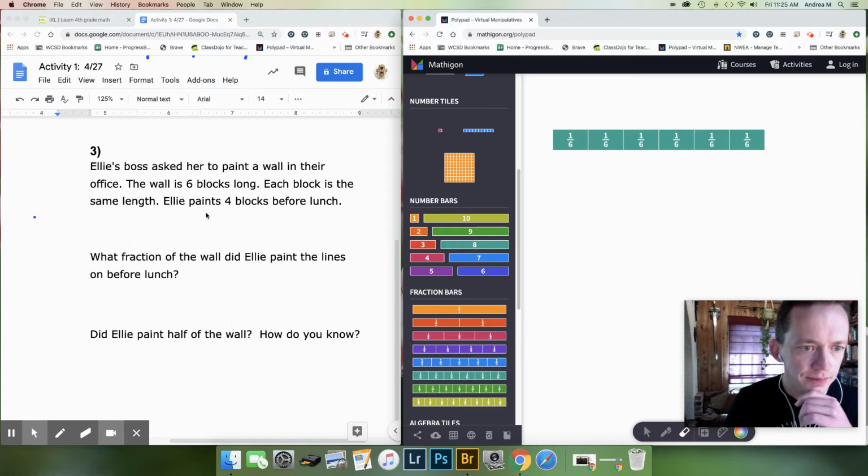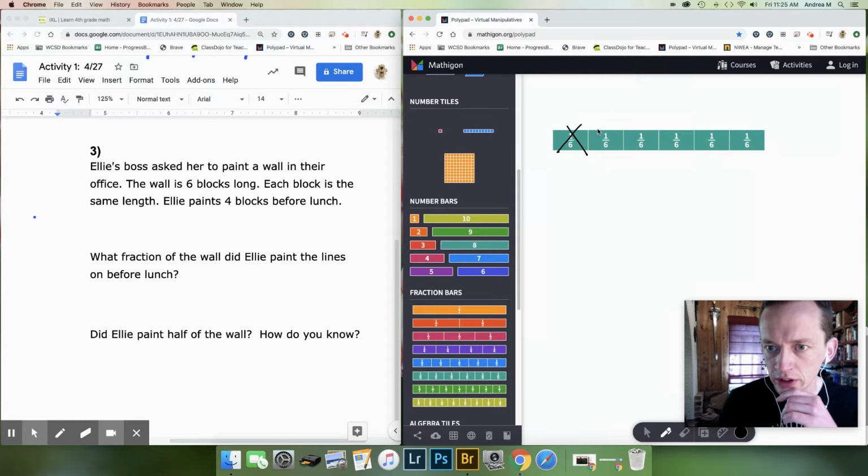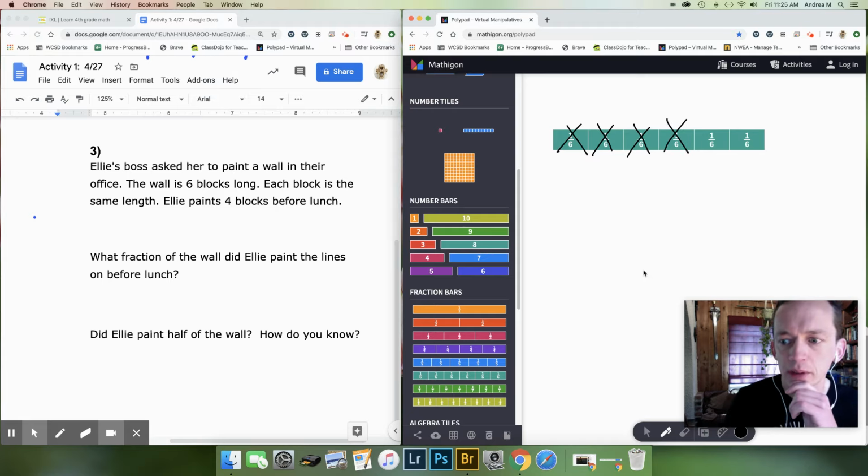Going back to it, it says that she paints 4 blocks before lunch. Okay, so she's painted 1, 2, 3, 4 blocks before lunch. She's almost finished. Here's the question.